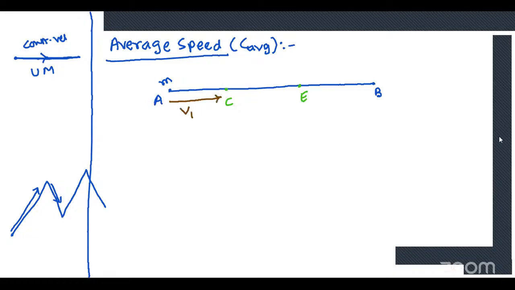From C to E, the particle has a speed v2. And from E to B, the particle has a speed v3, in times t1, t2, t3. Now I want to find the speed of the particle.